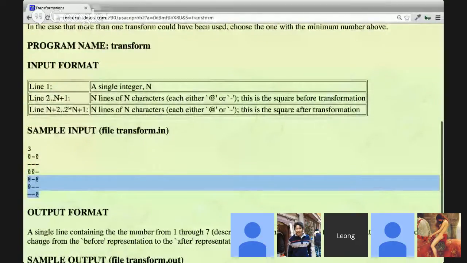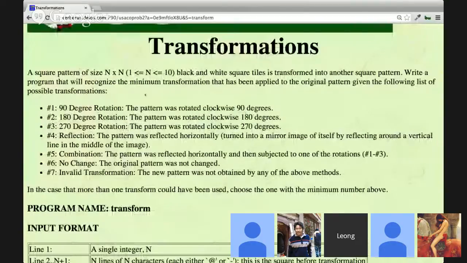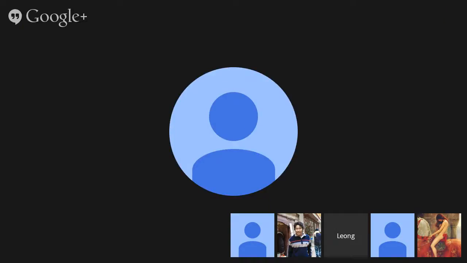There are 7 possible transformations given by the question itself. The first one indicates the 90-degree rotation, and the second and third will be 270-degree rotation. Reflection is a reflection by the middle row of the matrix itself.